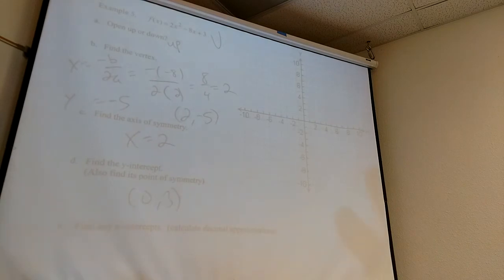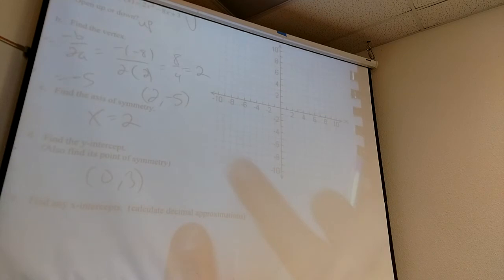So now watch this. Let's plot what we've got so far. We know the vertex, and we know the y-intercept. Now, me being insane, I claim there's a third point that I can get without doing much work at all.